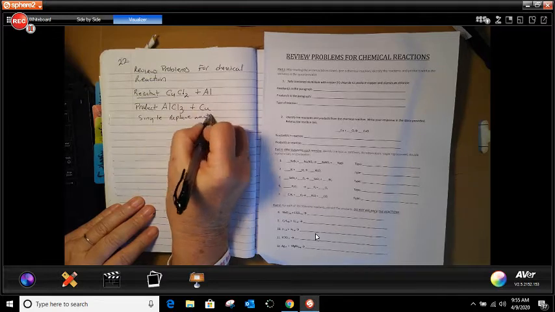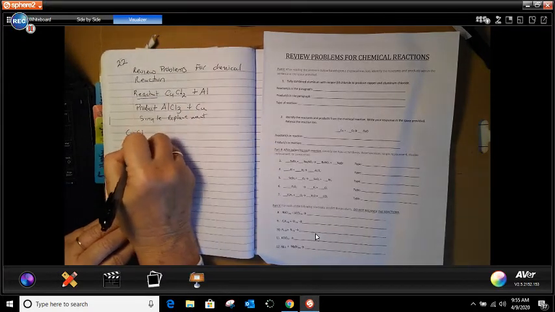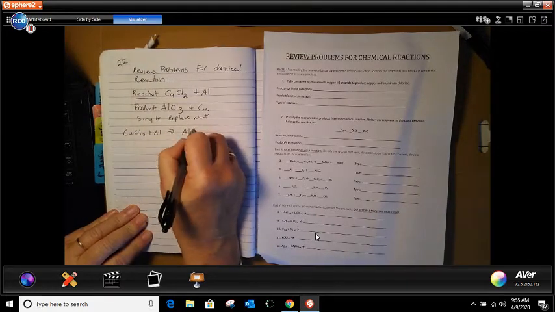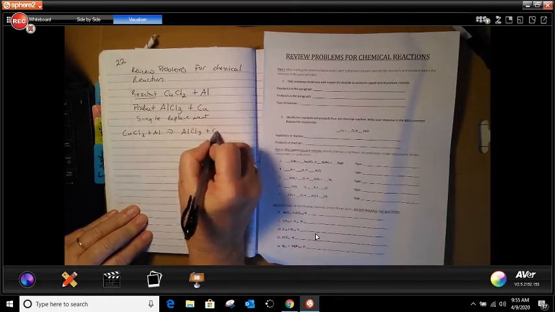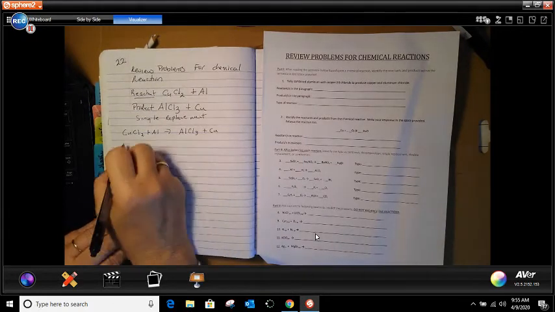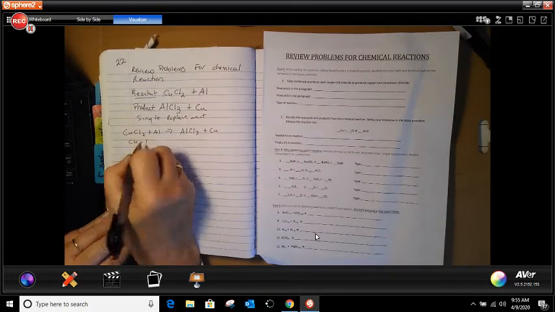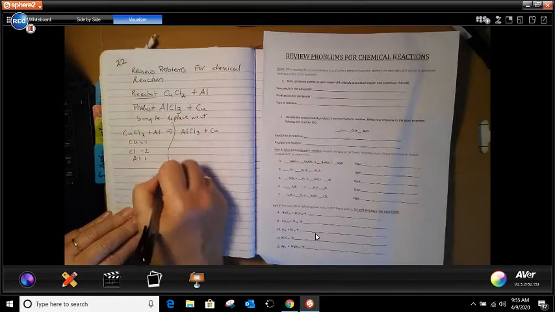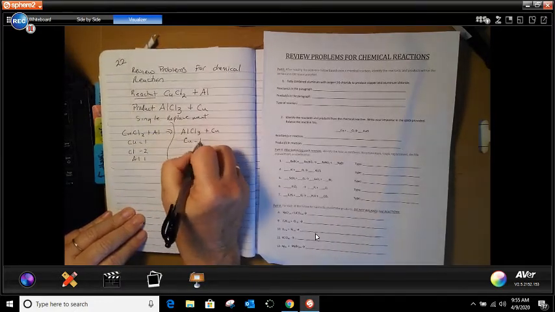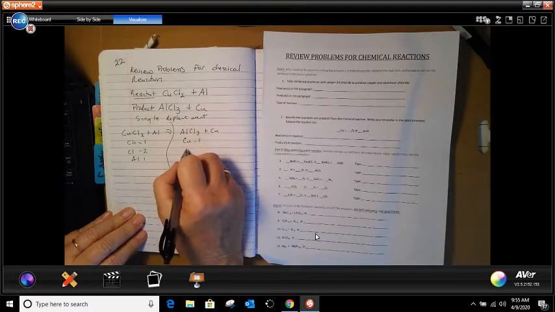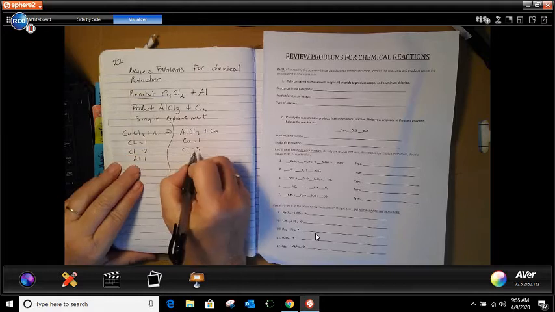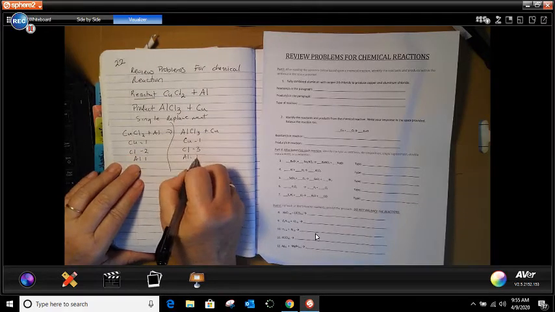But what I need to do is write it all out, and then I need to balance it, because the law of conservation of mass says it has to be balanced. So Cu is 1, Cl is 2, Al is 1, Cu is 1, Cl is next, and that is 3, and my Al is 1.